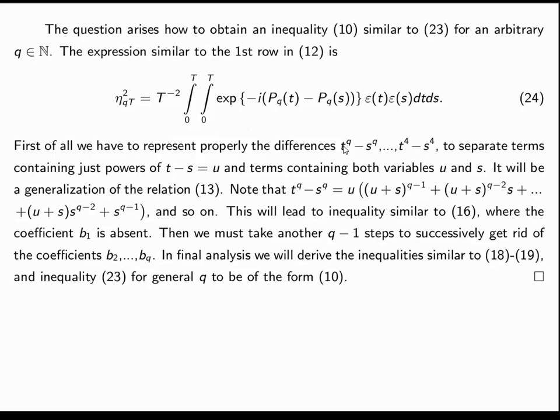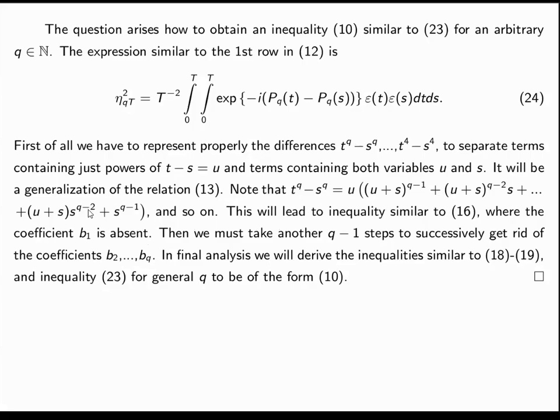And first of all, we have to represent properly the differences t to the power of q minus s to the power of q and so on, as two separate terms containing just powers of t minus s equals u, according to our changes of variables, and terms containing both variables u and s. And it will be a generalization of the relation 13.